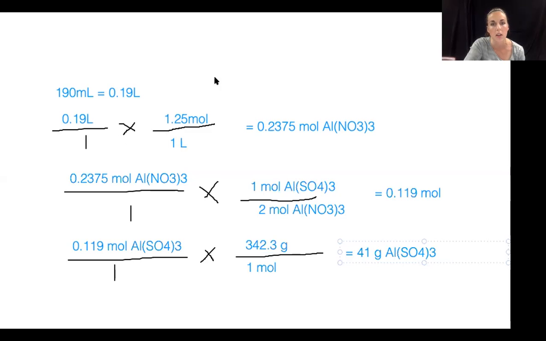So what I'm going to do is use the 14.7 milliliters, and I'm going to convert that to liters. So if I have 14.7 milliliters, I know I'm going to move the decimal back 3 places. That's going to be 0.0147 liters. That value is going to be multiplied by my concentration, just like we did in the last question.